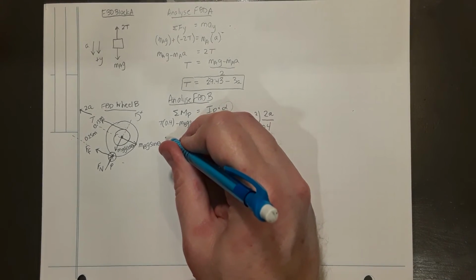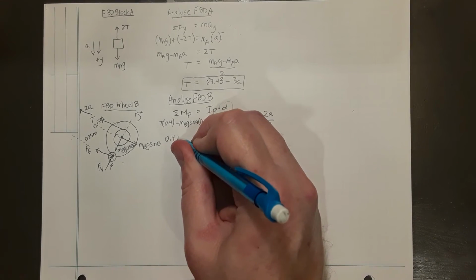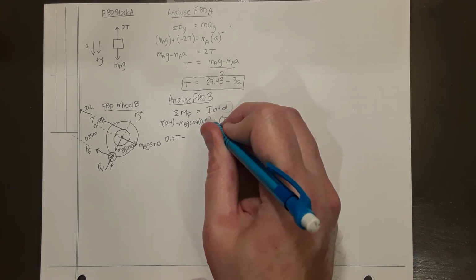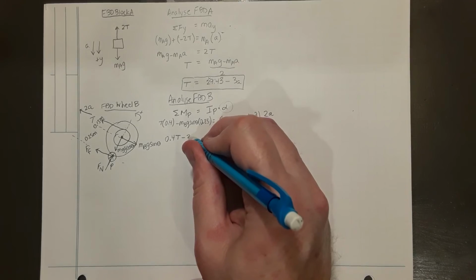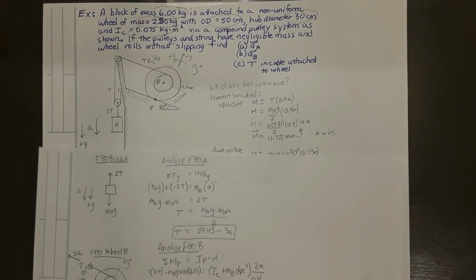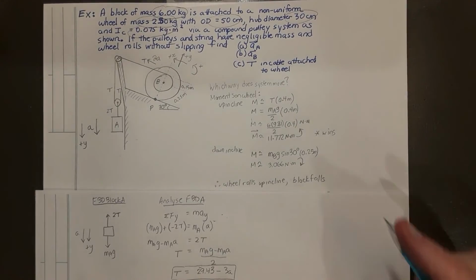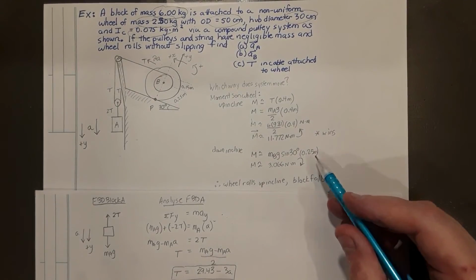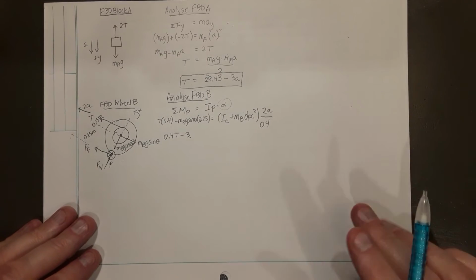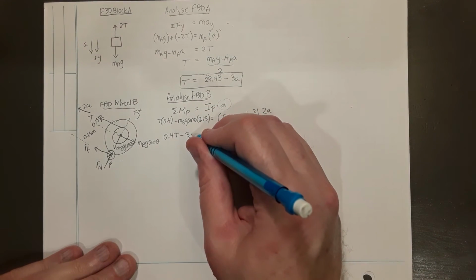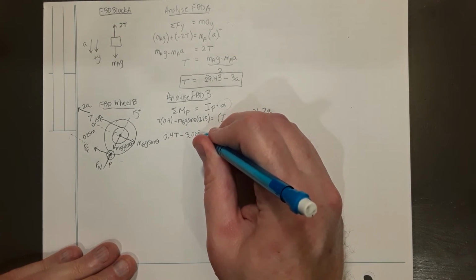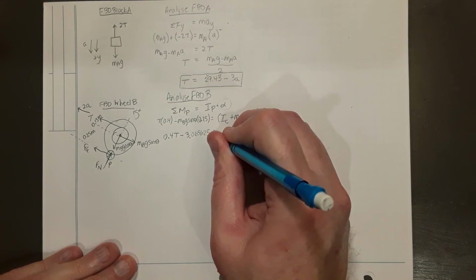And so we end up with 0.4T, and if we put all these numbers in, mBg sine theta, we end up with that same result that we had here, 3.066 Newton meters. mBg sine theta times 0.25 is 3.065625 Newton meters.